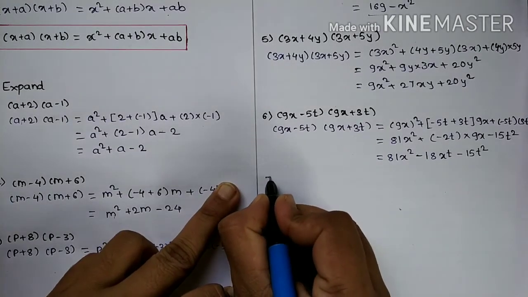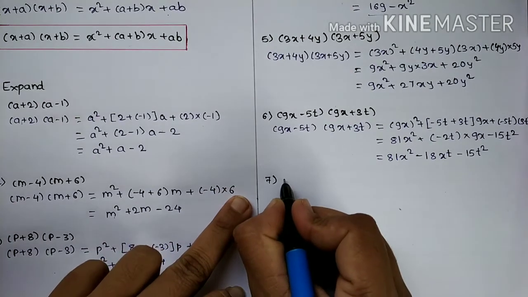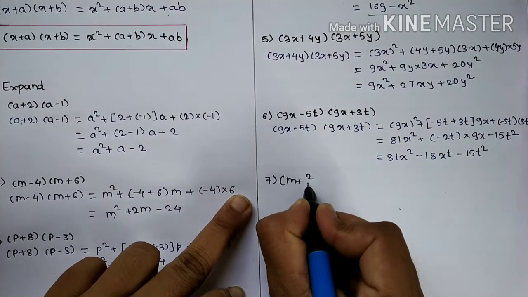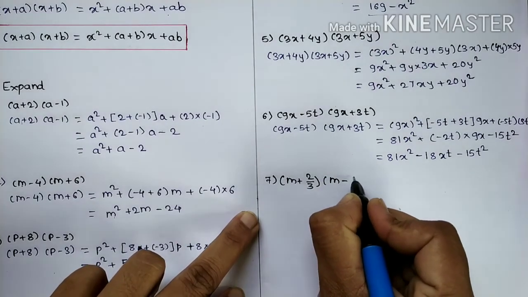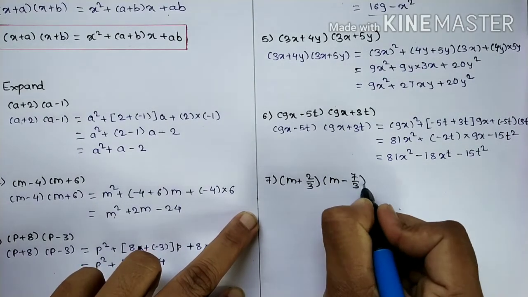Next example is (m plus 2 upon 3) into (m minus 7 upon 3).